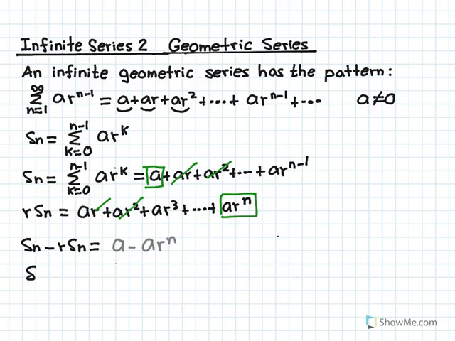Now factor out Sn from the left-hand side, so we get Sn times 1 minus r is equal to a minus ar to the n.